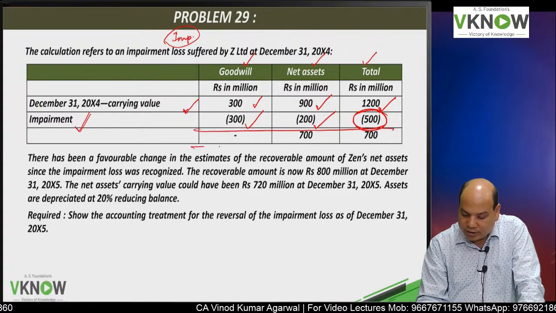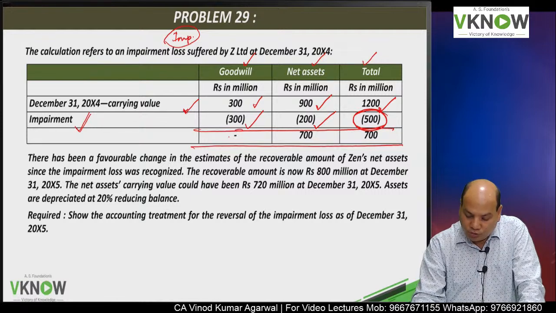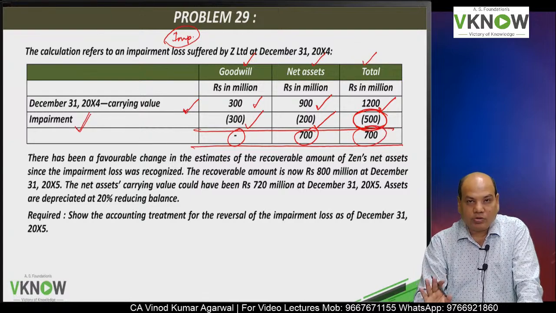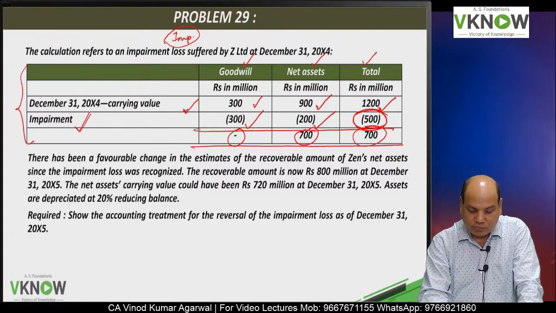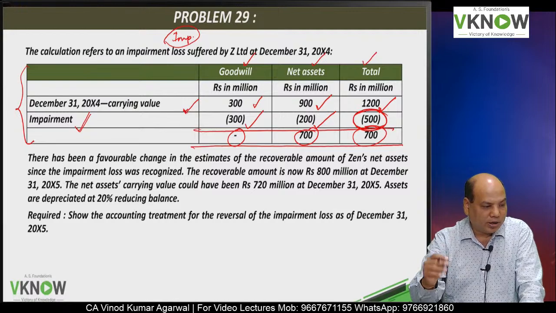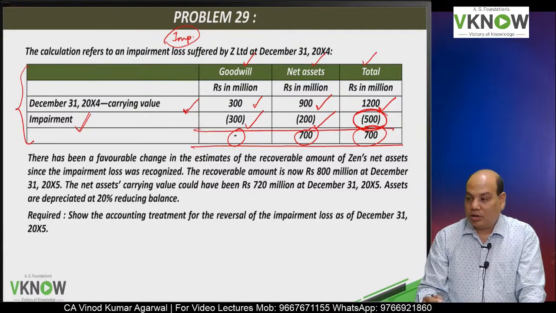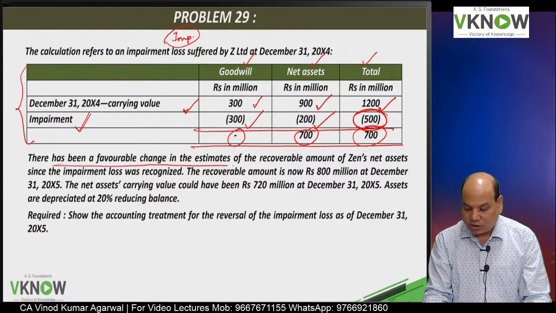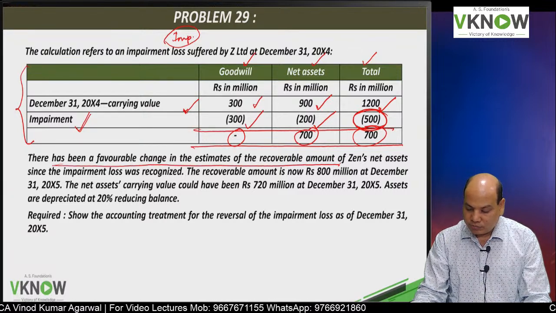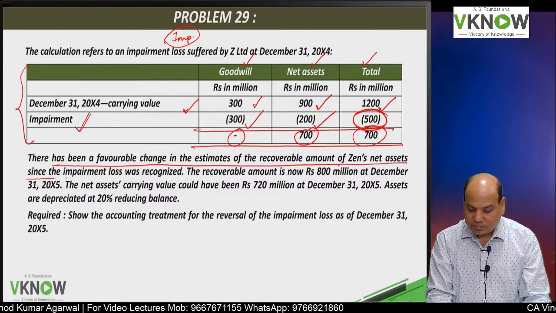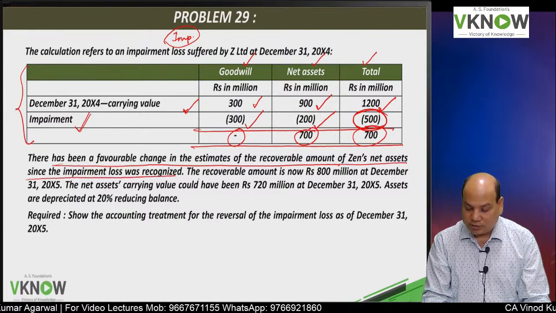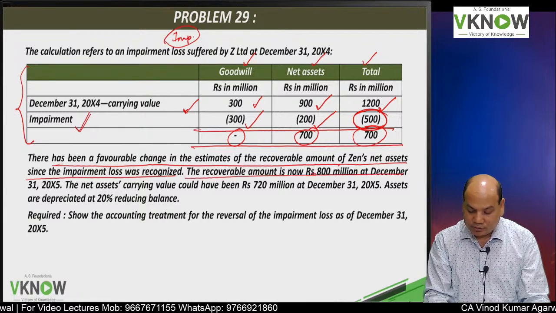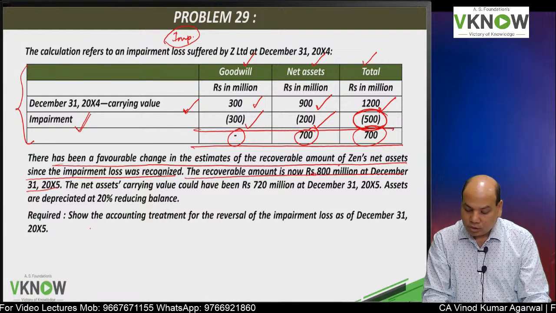After providing impairment loss, goodwill is 0, net assets are 700, total is 700. So that is the first thing, provision for impairment. Now the question says, there has been a favorable change in the estimate of the recoverable amount of Z's net assets since the impairment loss was recognized. The recoverable amount is now 100 lakh, 100 million on 31st December.